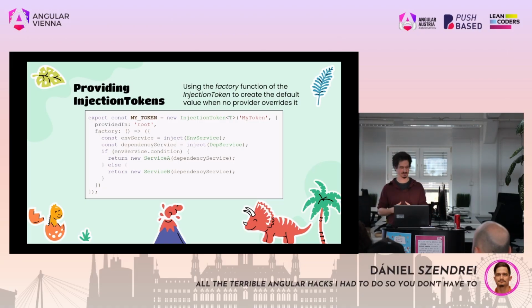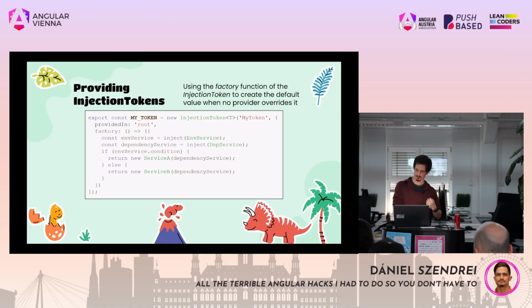So you can create a factory function which at runtime decides which service should be used in your application. This is usually used for an environment configuration, production or development, and you are using the development version of your service because you don't want to have whatever. That's usually the use case why it's being used.